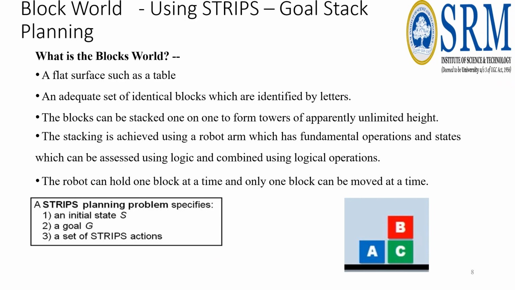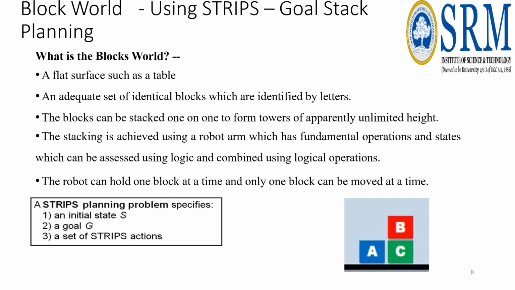Next, we are going to use the STRIPS language with the help of the blocks world problem. First we are going to use goal stack planning. Here, in this particular diagram, the blocks world problem is initiated.